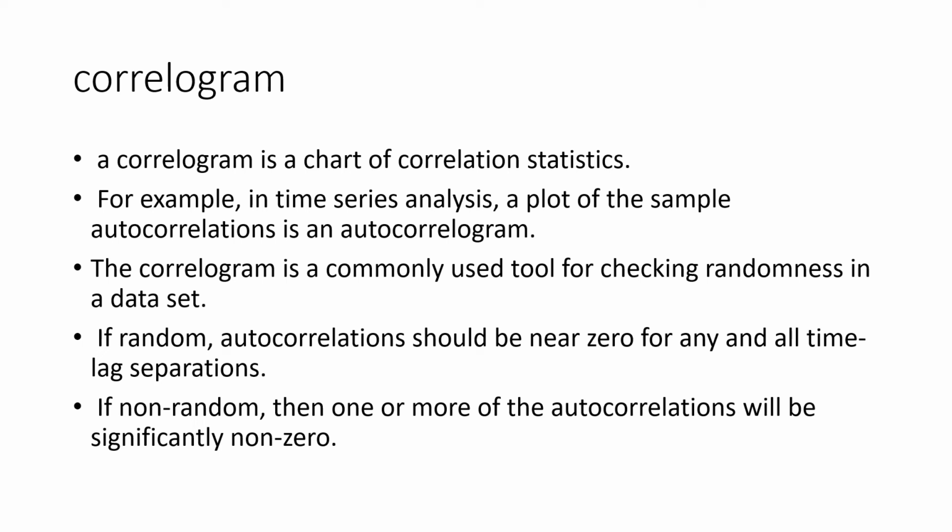This is considered to be a very easy tool, as just by looking at the diagram or chart, you will be able to understand whether your model has some kind of autocorrelation or not. The autocorrelation should be near zero for any and all lag separations. If non-random, then one or more of the autocorrelations will be significantly non-zero. So that's all about the correlogram.